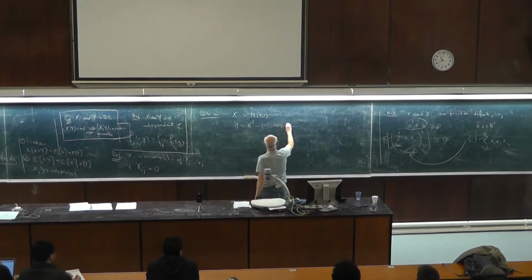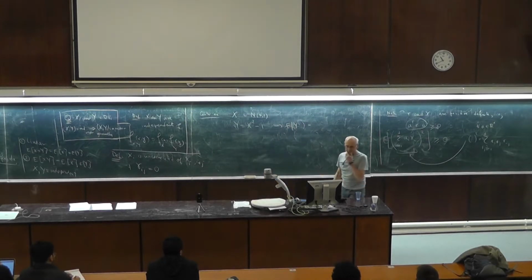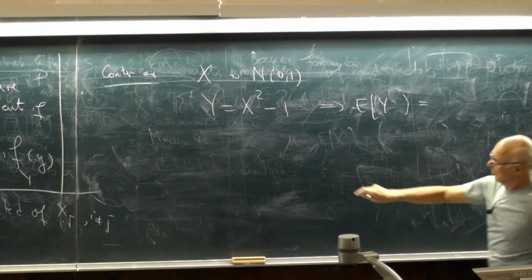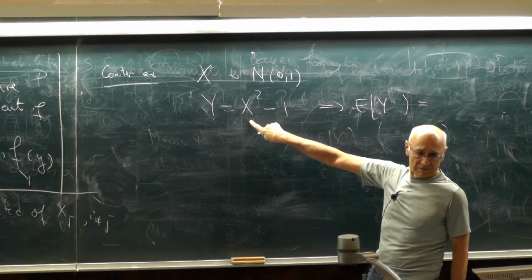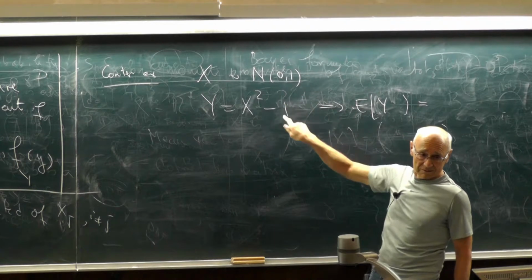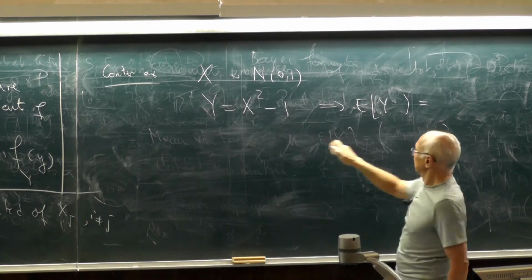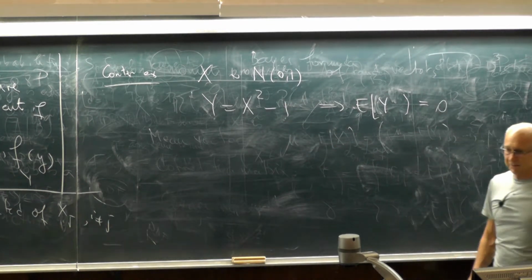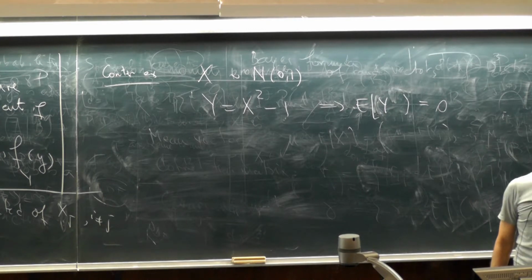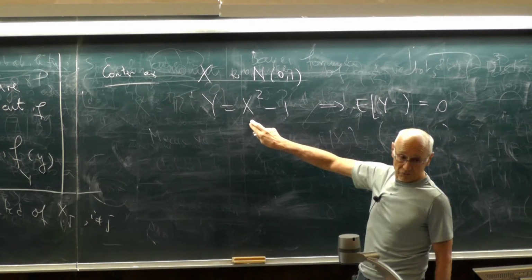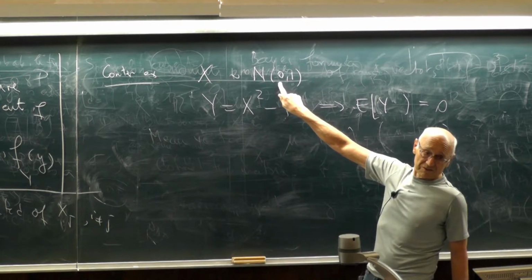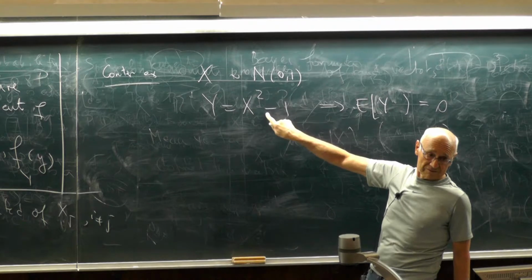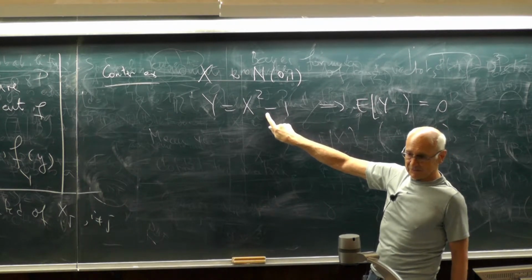So, anybody can tell me what's this expectation of Y? So it's the expectation of X squared, which is 1, minus 1. Shall I write 0 here? Right? The expectation of X squared is 1 because the mean is 0, right? So that's the variance. So we're good with that?